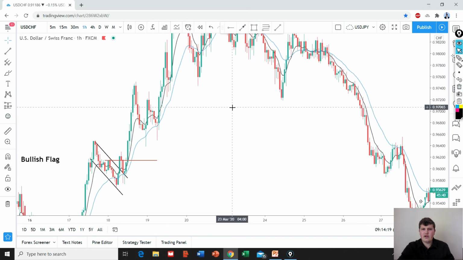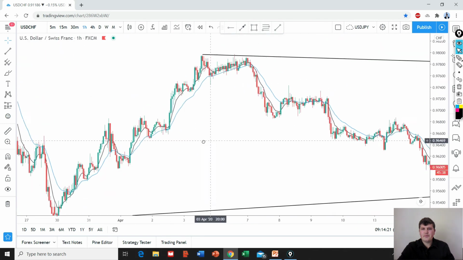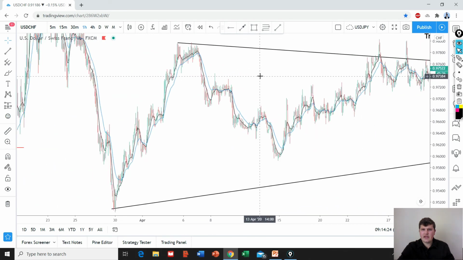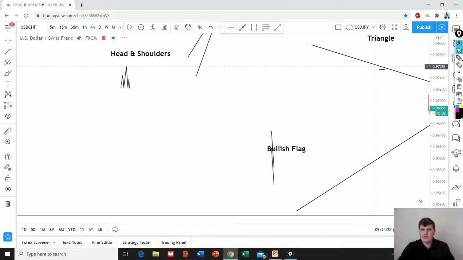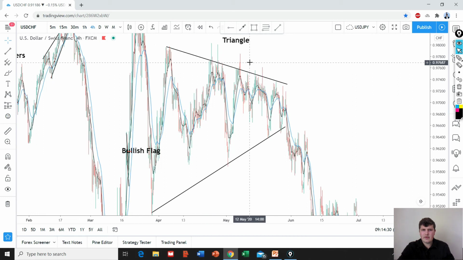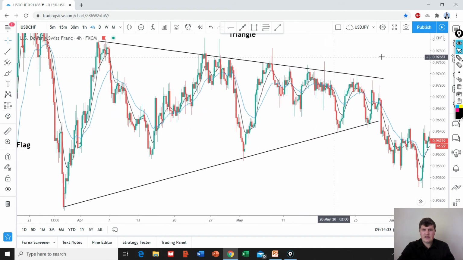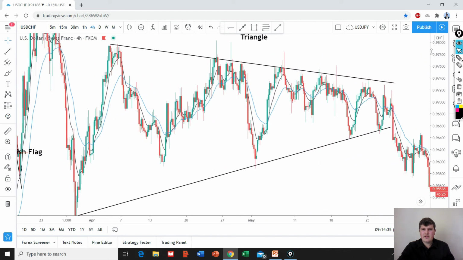And then our last chart pattern is called a triangle chart pattern. I'm just going to switch to a 4-hour time frame over here. As you can see, this is a triangle chart pattern.